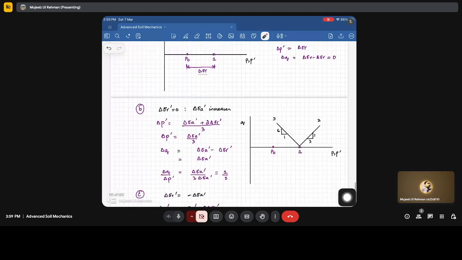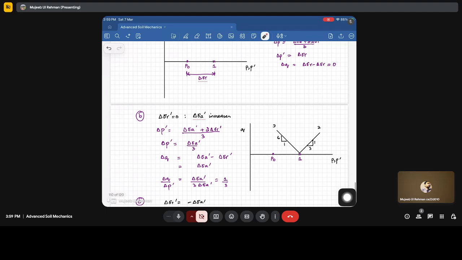We will first determine delta P. Delta P is given by delta sigma A dash plus twice delta sigma R dash divided by 3. Since there is no change in the radial stress, delta sigma R goes to 0. So we are left with delta sigma A dash by 3. And delta Q is equal to delta sigma A minus delta sigma R. This is 0. So delta sigma A is equivalent to delta Q.